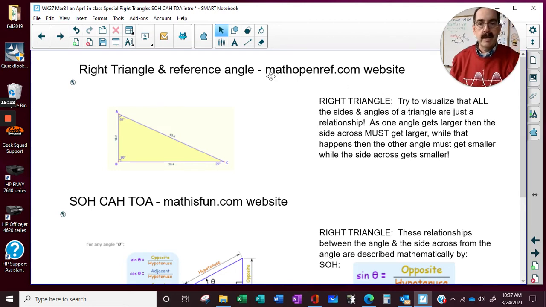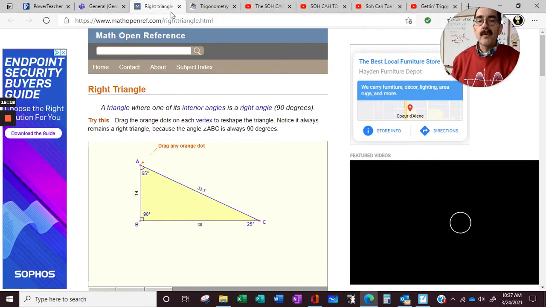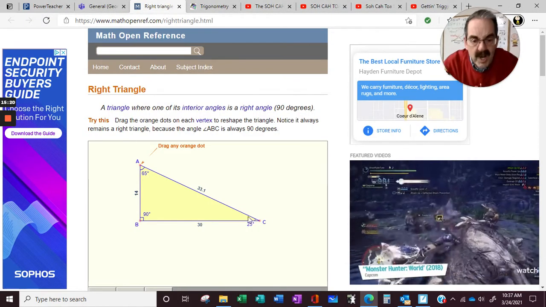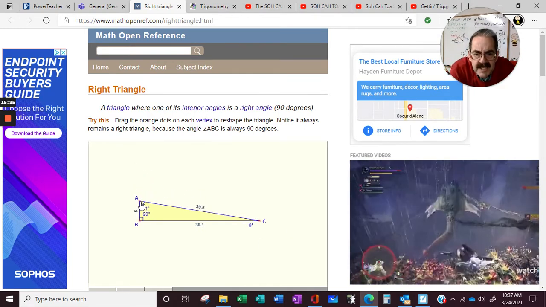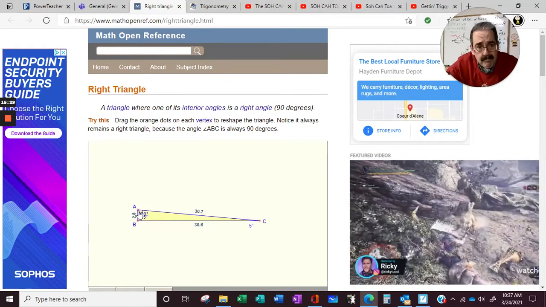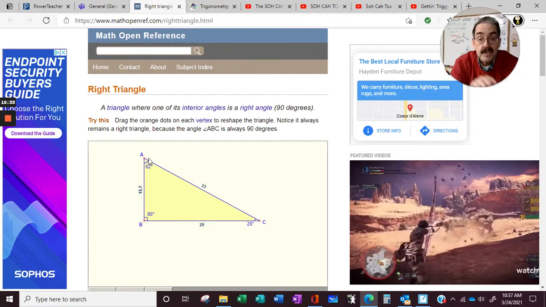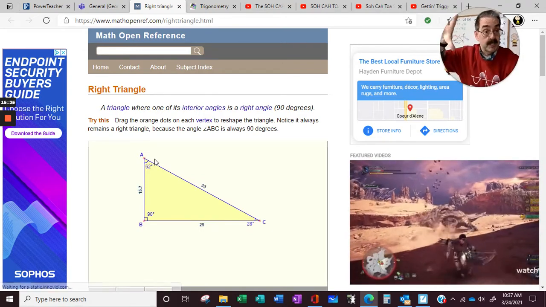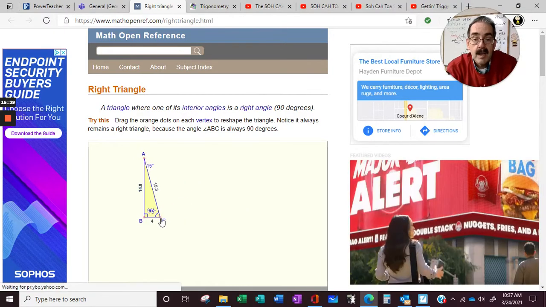What are you talking about, Monty? So we'll click on this link, and it's going to take us to Math Open Reference. Now watch angle C down here. As I make C smaller, you see how the side opposite got smaller? As C gets bigger, do you see how the side opposite got bigger? Likewise, the same thing here. Okay?